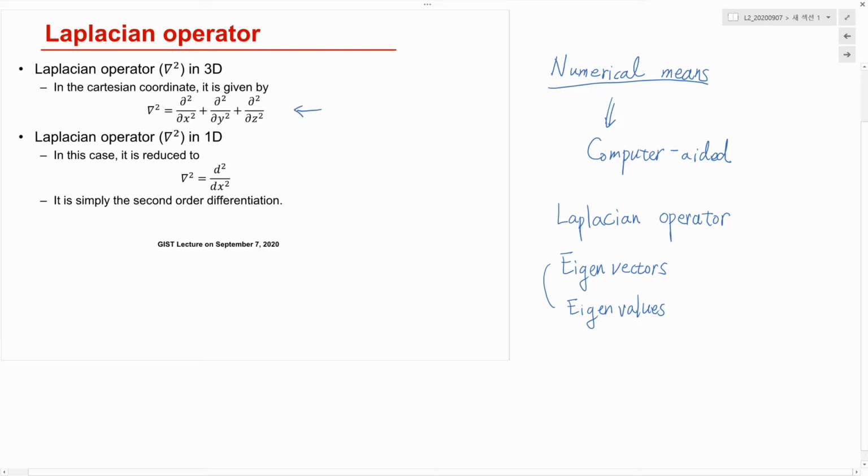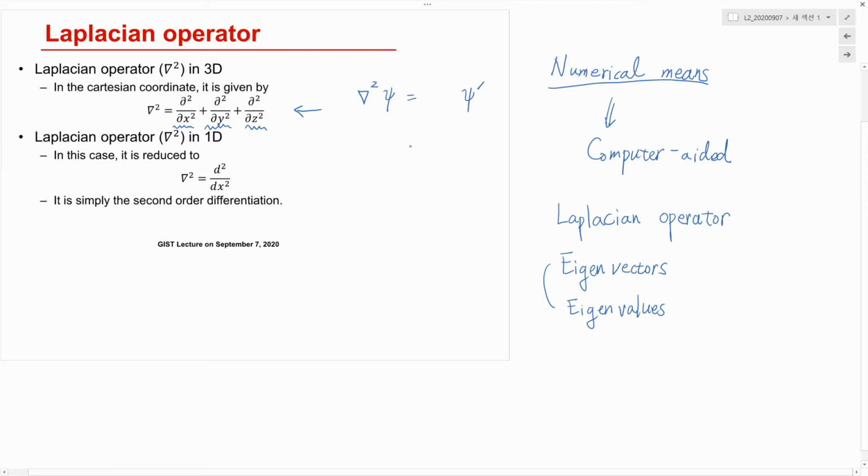It has directional second order derivatives along the x direction, y direction, and z direction. So if we apply the Laplacian operator to a certain scalar field psi, it will generate another scalar field psi prime.